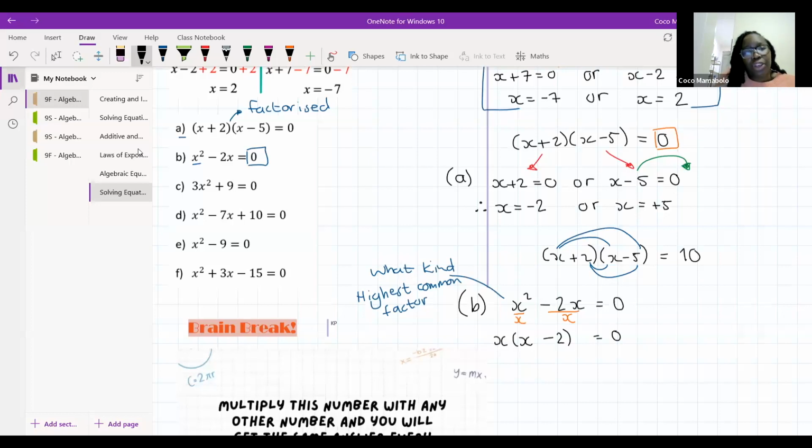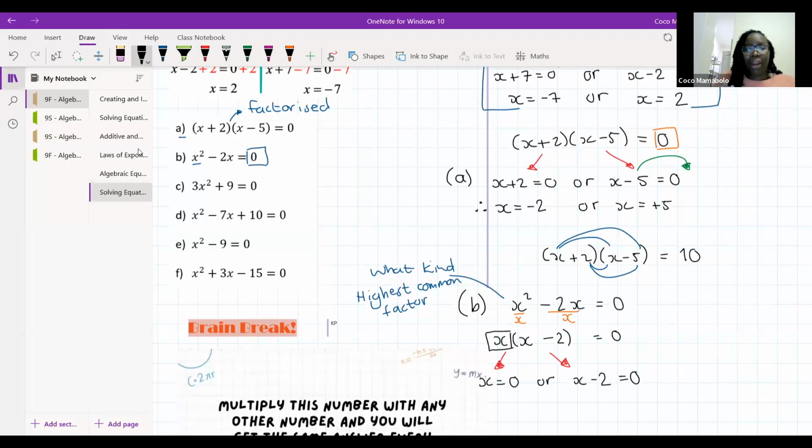Now that I've factorized, guys, I need to split. I'm going to split it again. Then I can say x is equal to 0 because this x is sitting on its own, or this whole thing in the bracket, x minus 2, is equal to 0.